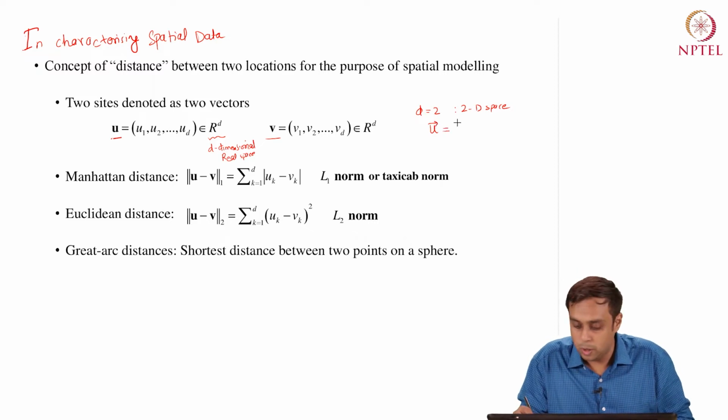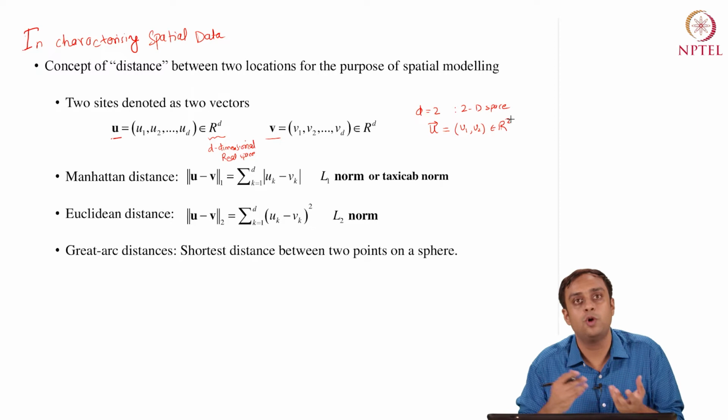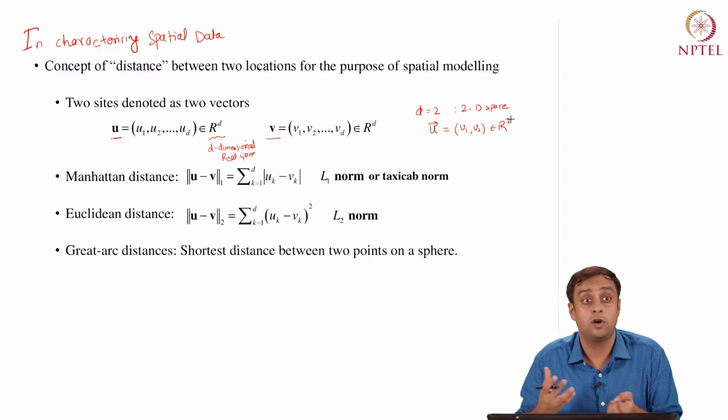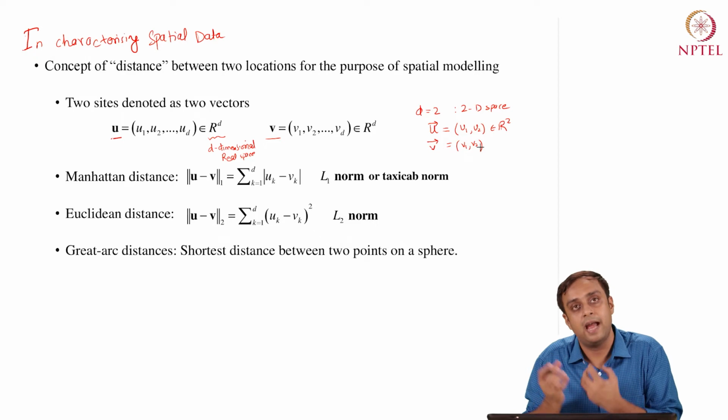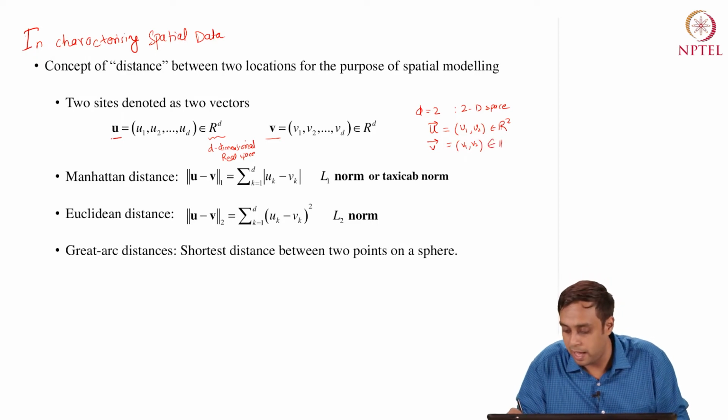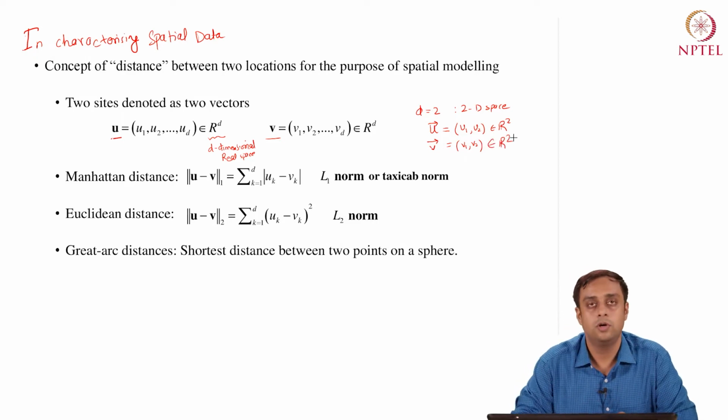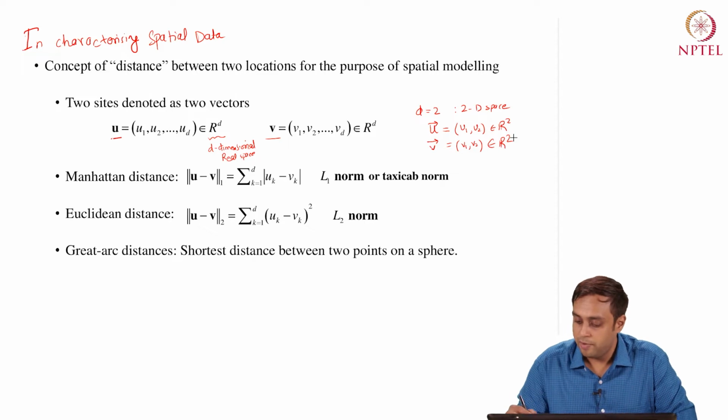It will have two components, U1, U2, which will be in R2. U1, U2 are nothing but XY coordinates or latitudes and longitudes of the data. And location V is given by V1 and V2. Again, these are just XY coordinates at this second location, which will lie in the second two-dimensional real space, right?